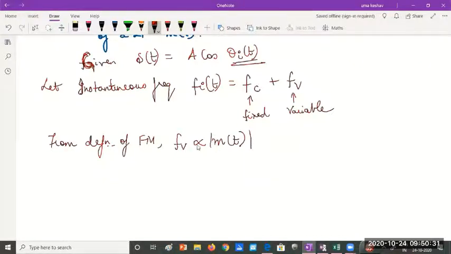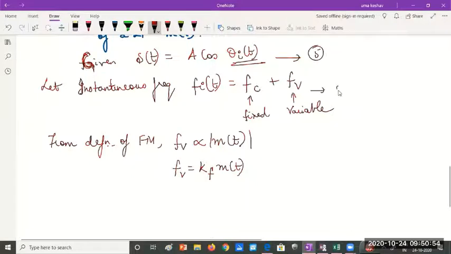Anyway, we'll just say Fi varies in proportion to the message. And if I remove this proportionality symbol, just like in the previous case, I'll introduce a constant of proportionality called Kf into m of t.